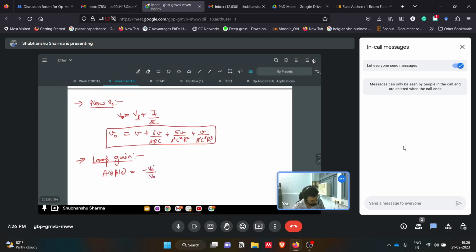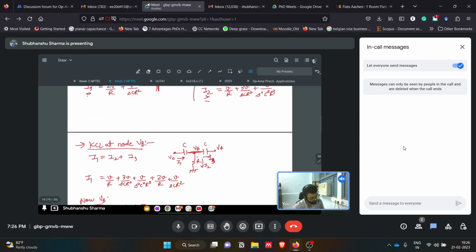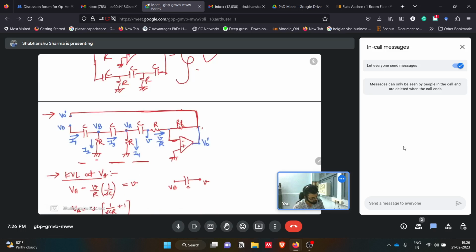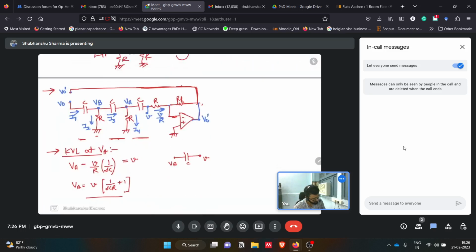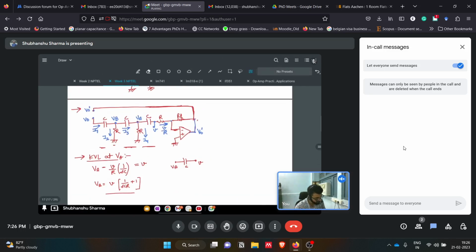Fine. So what is V naught prime basically? V naught prime is coming from this simple circuit, the inverting amplifier negative feedback circuit.